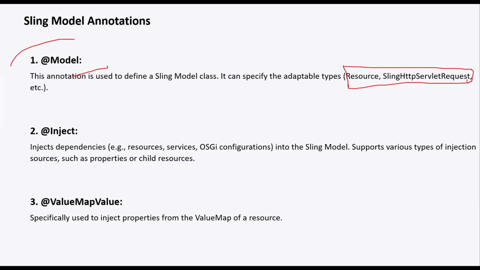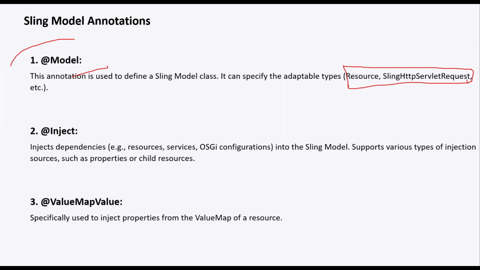So with the inject annotation, we can inject so many things. It is versatile. We can inject JCR properties, resources, services, and OSGi configuration, as well as other Sling models. This is the kind of injection strategy we generally follow.